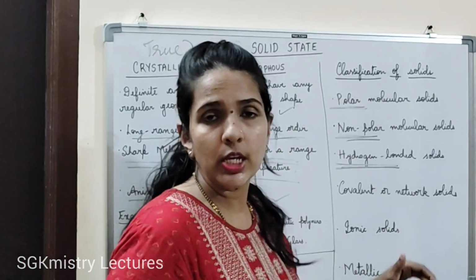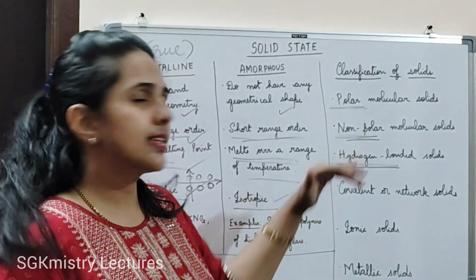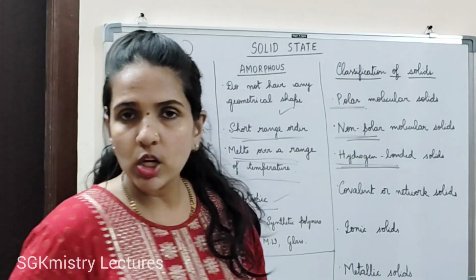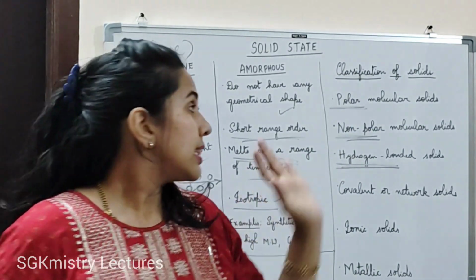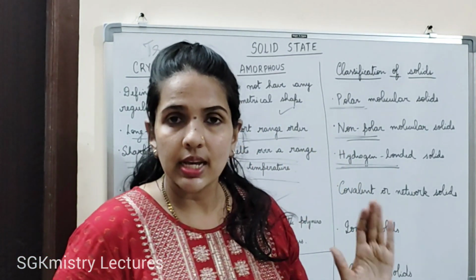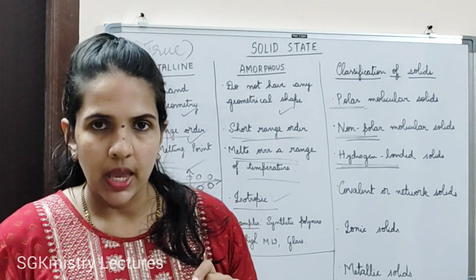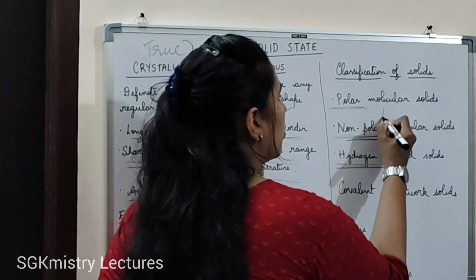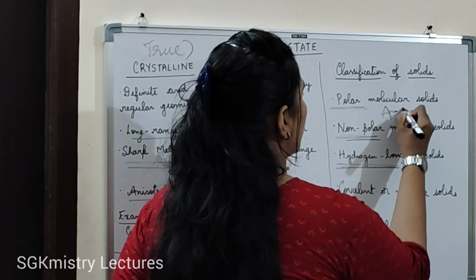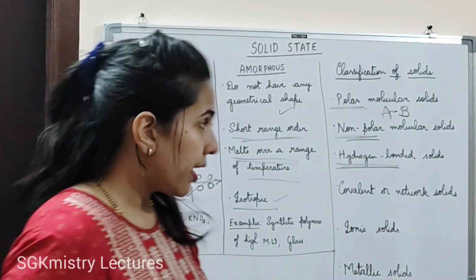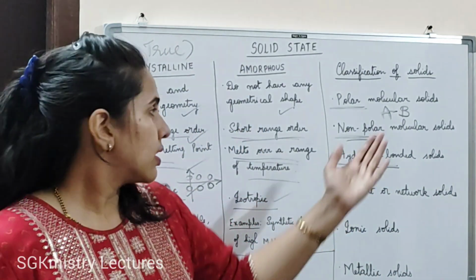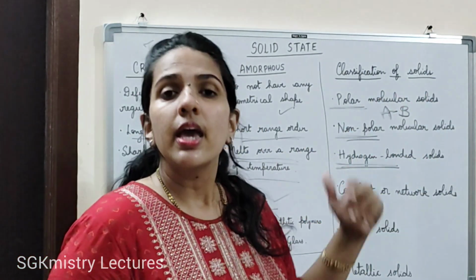Coming to each of these one by one, let me tell the important characteristics of each. Polar molecular solids contain constituent particles that are polar in nature. Now what is a polar molecule? Let us take one example. Let me take a molecule AB, where the difference in electronegativity between atom A and atom B is very high.